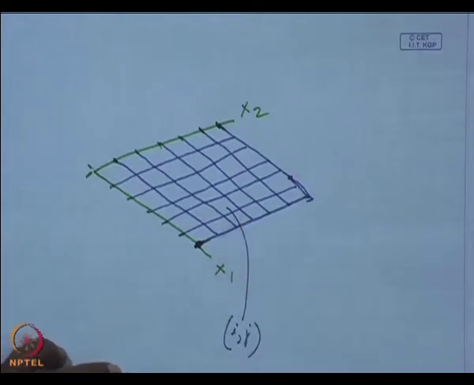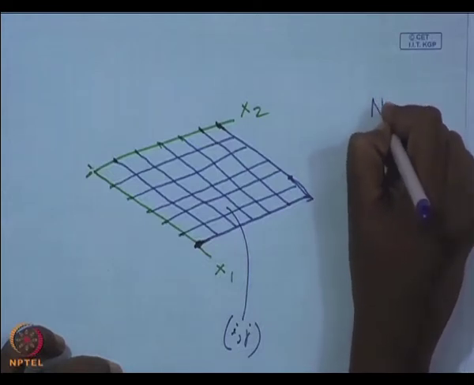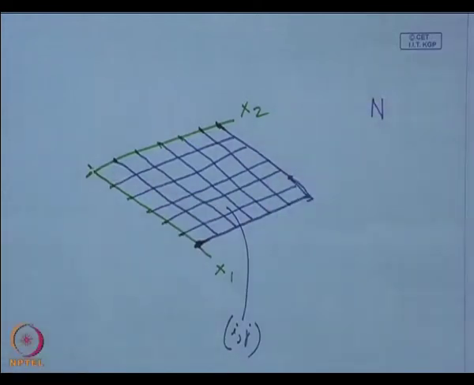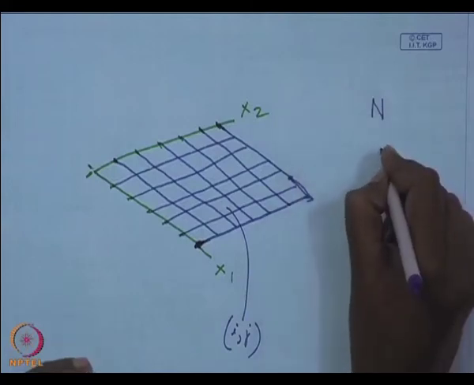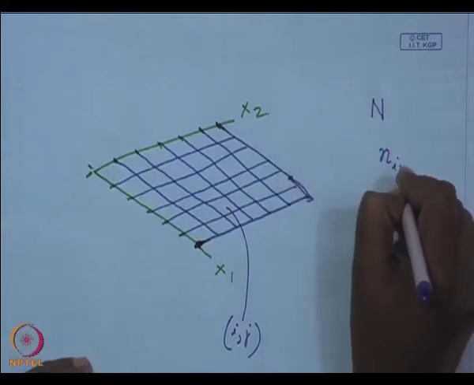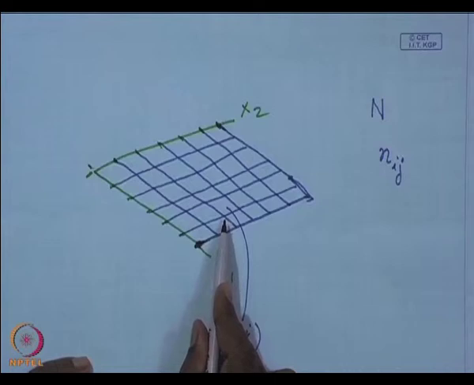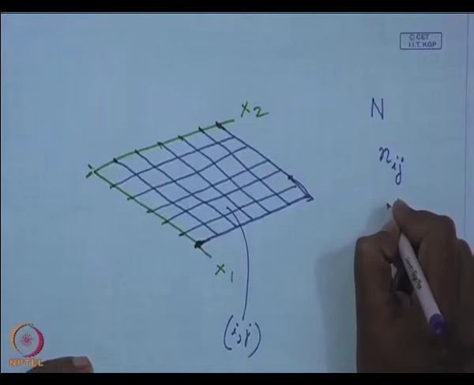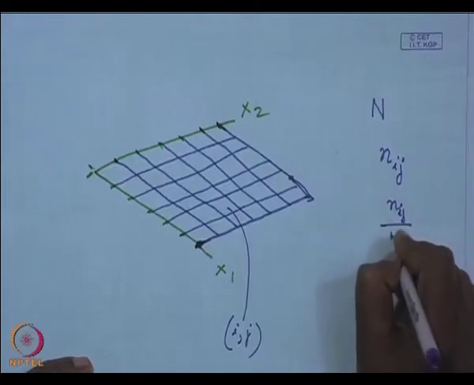I pick up an ijth cell, and as before, the total number of samples given for probability density estimation is capital N, and out of this total, suppose n_ij is the number of samples falling within this ijth bin. Then the probability density estimate of this will be given by n_ij upon capital N.